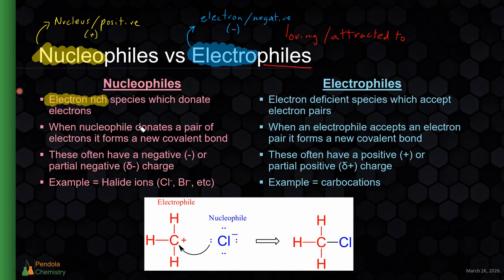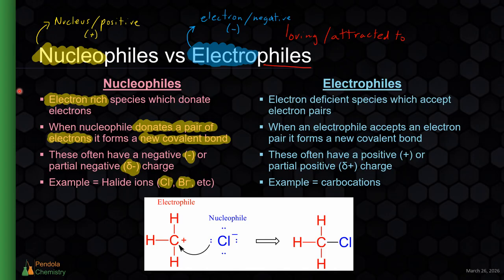So nucleophiles are going to be attracted to positive things, donate a pair of electrons, forming new covalent bonds. A lot of the time, nucleophiles are going to have either a negative charge or a partial negative charge, because that comes from their extra electrons, from them being electron rich. Some examples of nucleophiles are the halide ions, chloride ions, bromide ions, because they have lots of lone pairs and a negative charge that makes them nucleophiles.